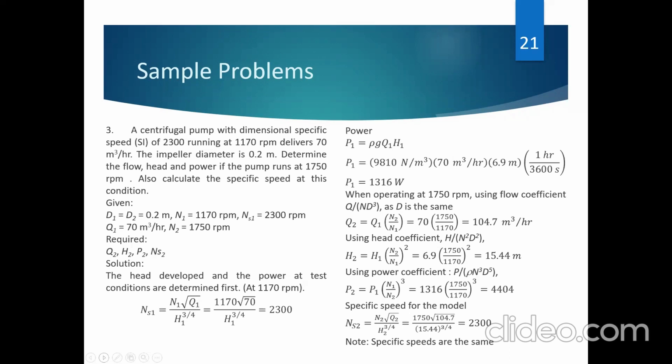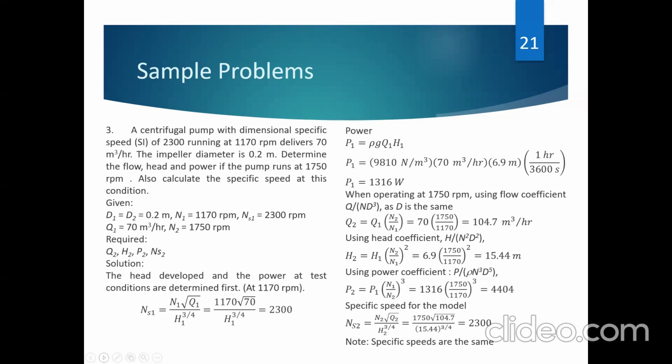Also determine the flow, head, and power if the pump runs at 1750 RPM. Also calculate the specific speed at this condition. Given D1 is equal to D2 is 0.2. There is only one centrifugal pump, so D1 is equal to D2.